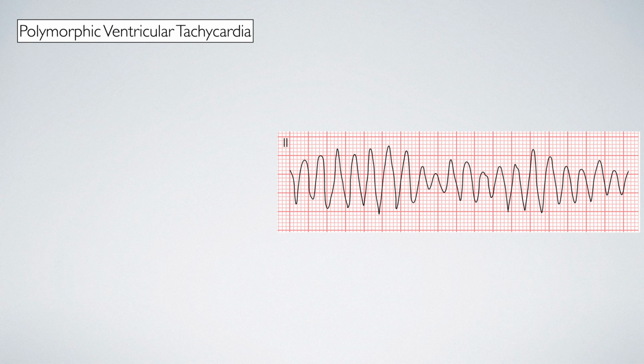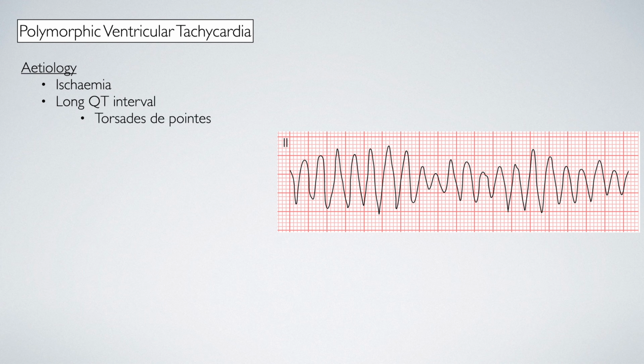The most common cause of polymorphic ventricular tachycardia is ischemia. It can also be caused by prolonged QT interval, which produces a polymorphic ventricular tachycardia known as torsade de pointes.